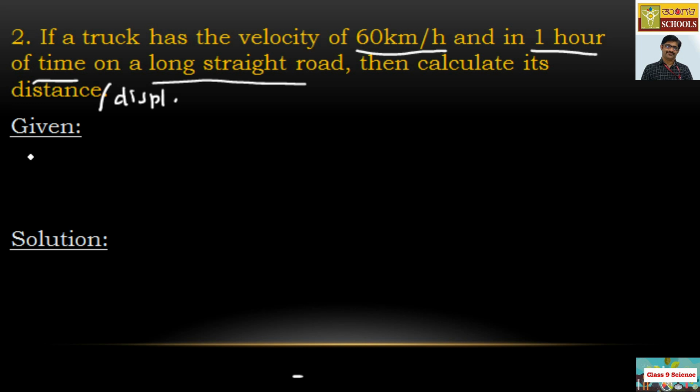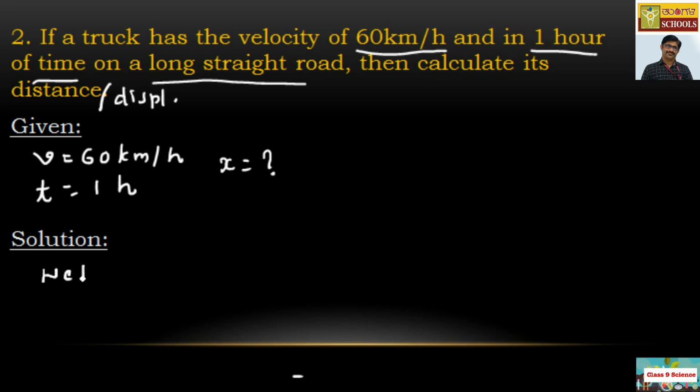Let us write those one by one. The velocity of the truck that is given, v equal to 60 kilometer per hour, and time is mentioned, t is equal to 1 hour. Therefore, you need to calculate the displacement x. We know that the velocity v is equal to x by t. So from cross multiplication you can write v into t equal to x.